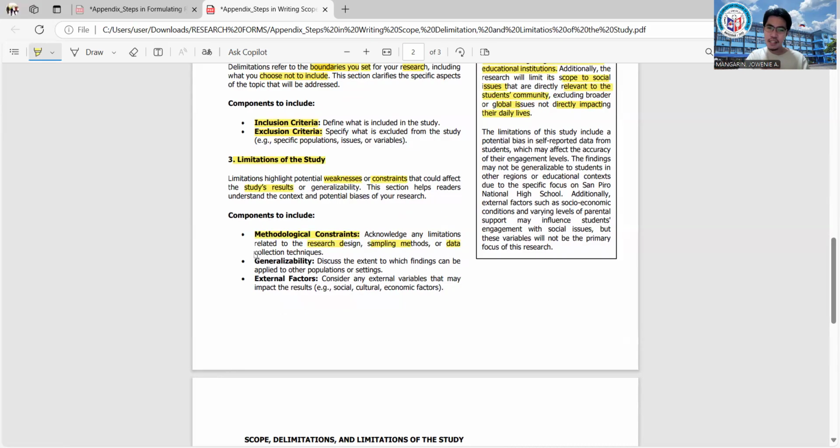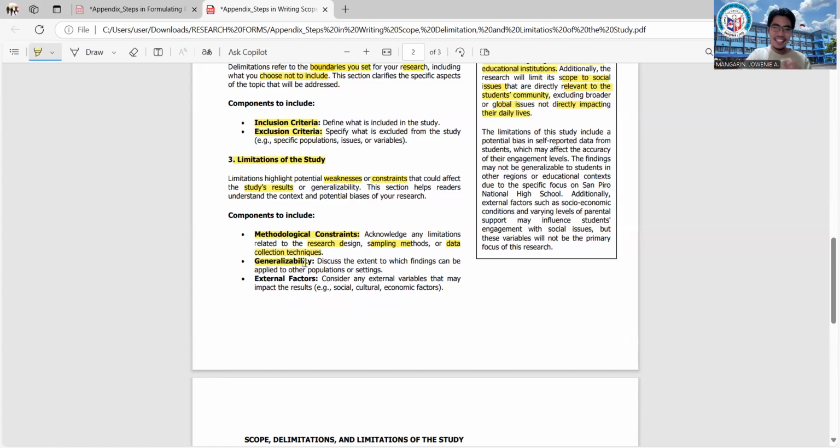Kasi di ba doon tayo minsan nagkakaroon ng weaknesses? Halimbawa, kung ang method mo ay qualitative, ang weakness niyan, hindi pwedeng i-generalize ang data. Kasi kapag qualitative, konti lang ang participants, so we cannot generalize the data. Okay? That's it. And then we should also discuss the generalizability.